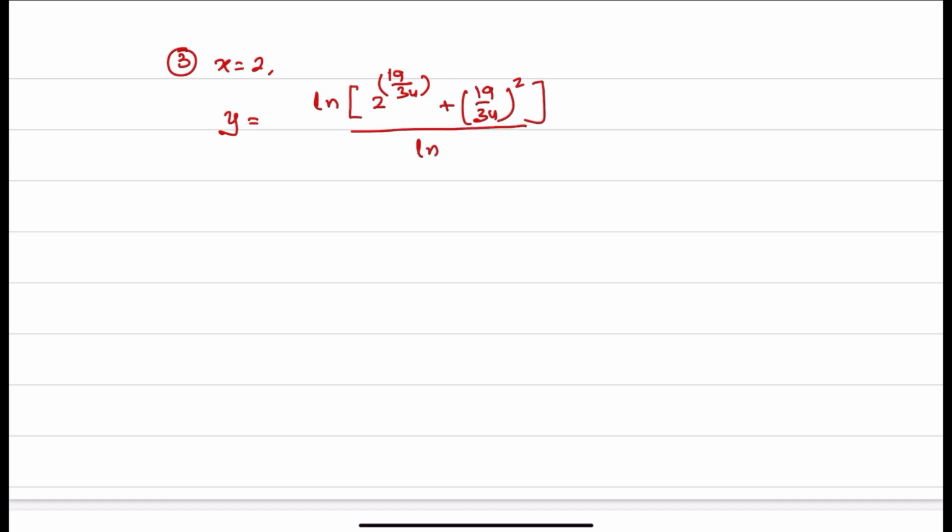Now let's go for the third. In this, what shall we do? x is equal to 2. Then what happens to y? y is equal to ln of 2 to the power of 19 by 34 plus 19 by 34 to the power of 2, whole divided by ln 34 by 19.